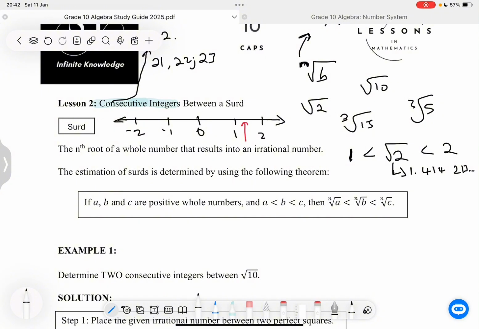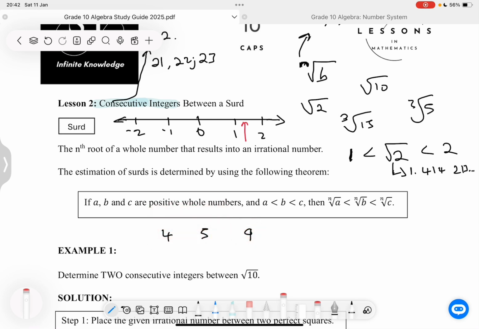Now let's say I take random numbers. Let's say I choose to take the number 4, and I also take the number 5, right? And I also take the number 9. Clearly you can see that 4, 5, and 9 are positive whole numbers, right?